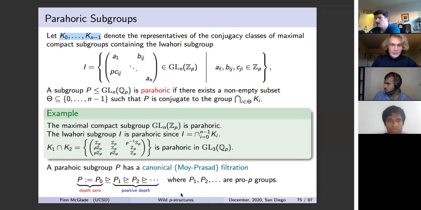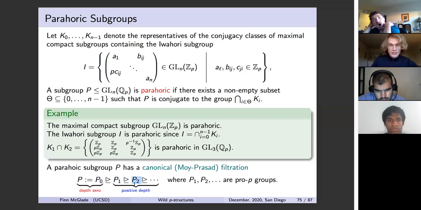What I will say is that these things have somehow a canonical filtration. There's this thing called the Moy-Prasad filtration, which is basically saying that you can find some descending sequence of normal subgroups of any parahoric subgroup P, so there's some canonical way of choosing this P0 through P1 through P2.